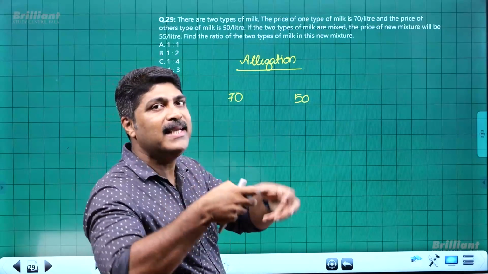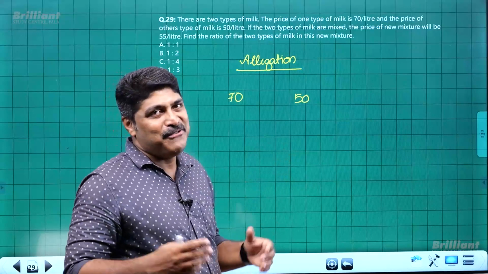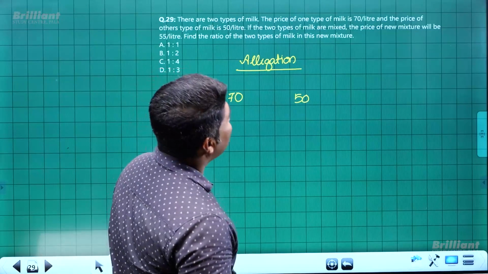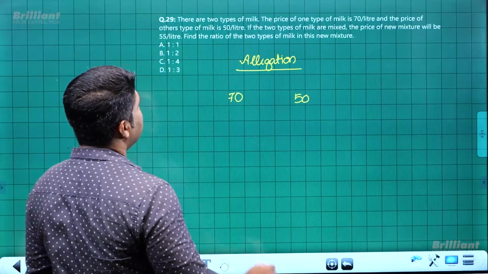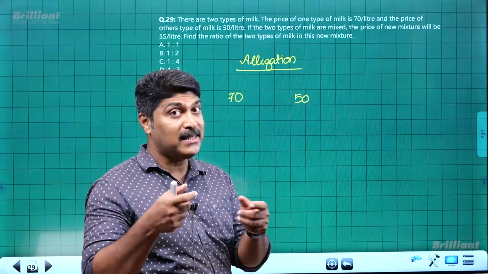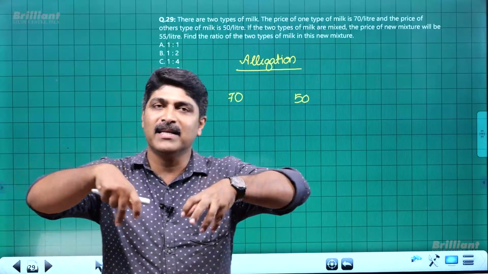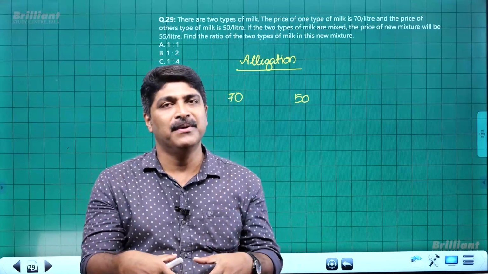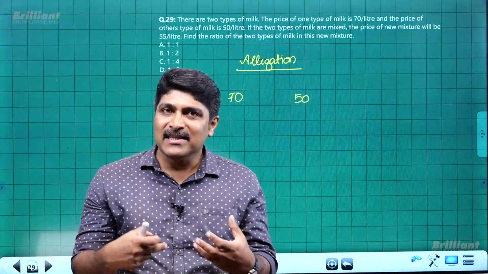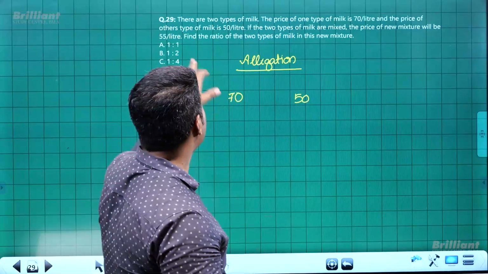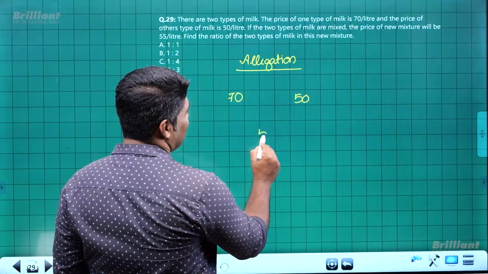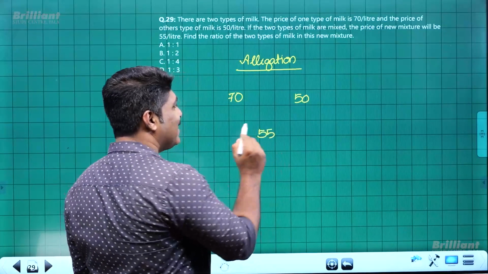So we are alligating the price of these 2 varieties of milk. Then what is the average price here? Average price means the new mixture's price, because both varieties are mixed in a different ratio, and we get a resultant mixture. Its cost is rupees 55 per liter. You just write it down.